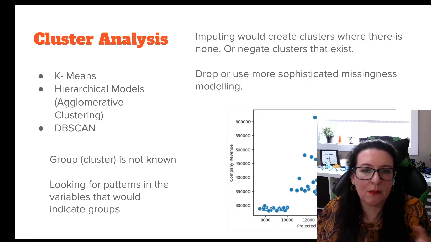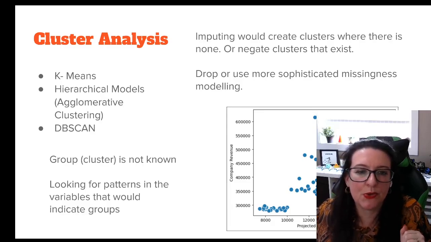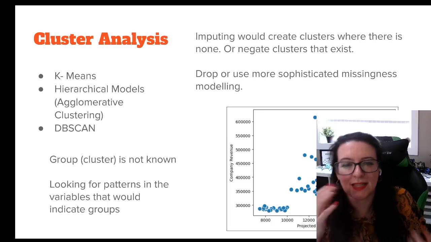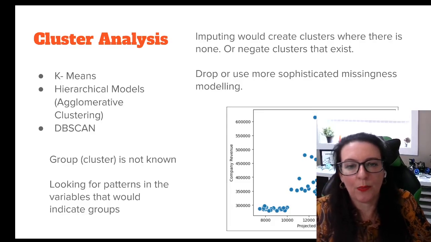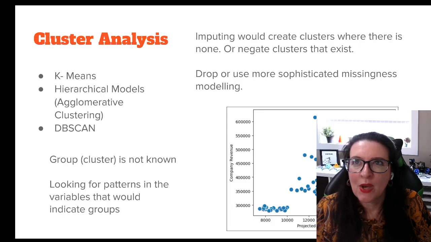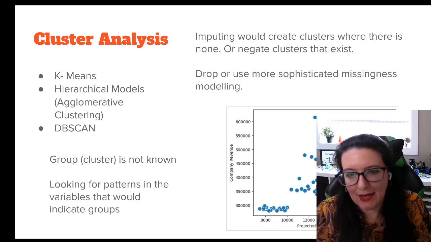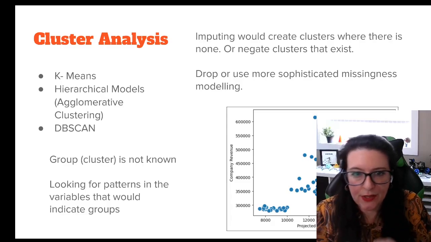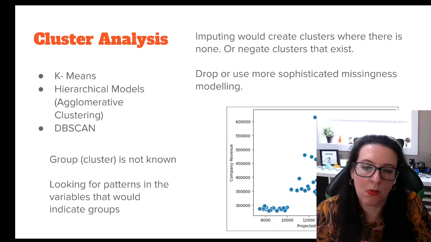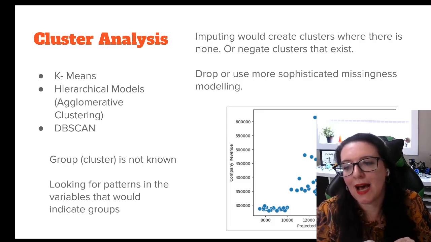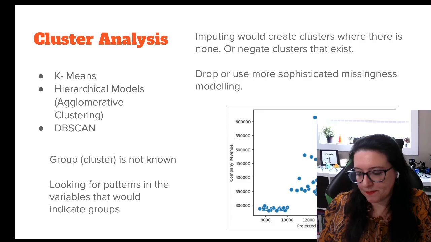So now we're talking about using more Bayesian or synthetic data to help come up with a more robust, more informed value for that missing data. So with cluster, either use a more sophisticated missingness model or drop the data instead of imputing.